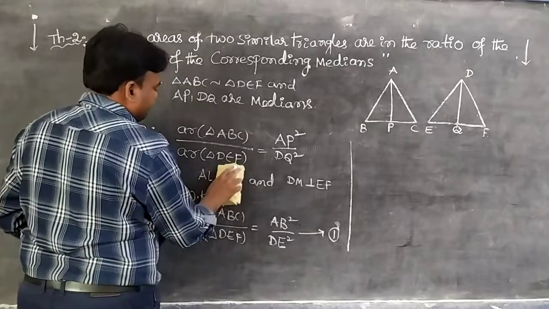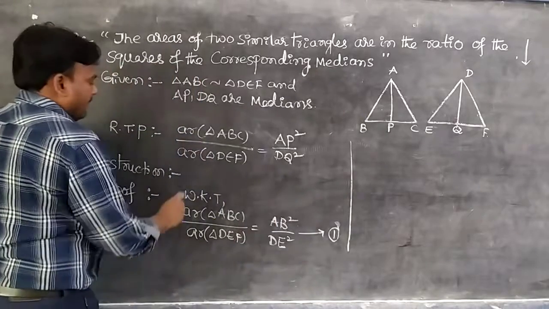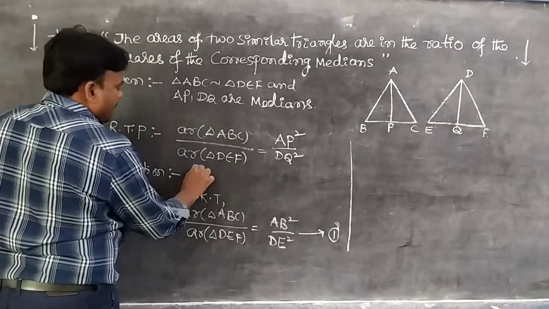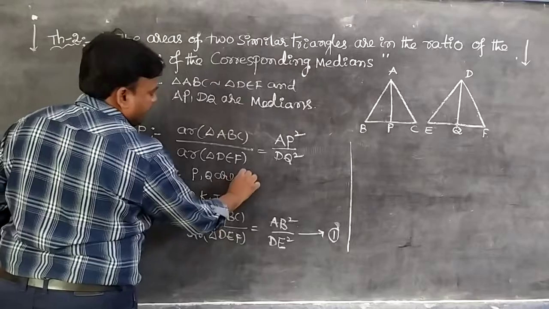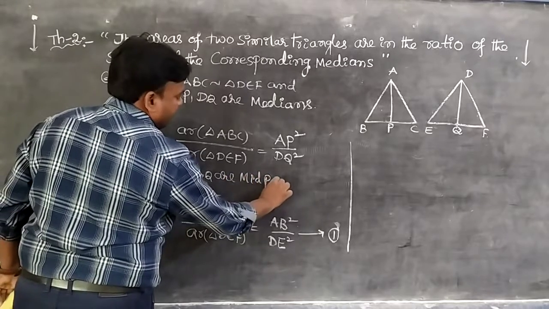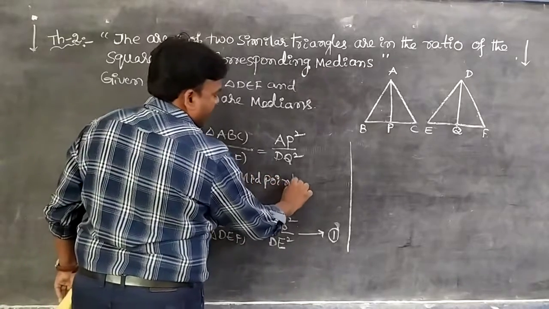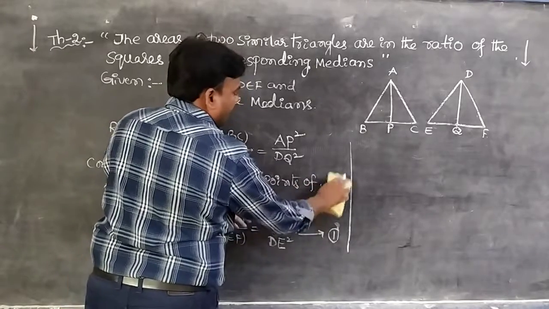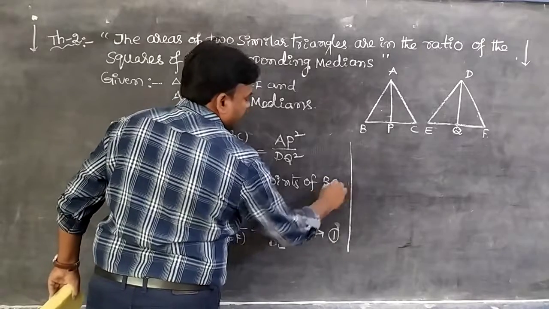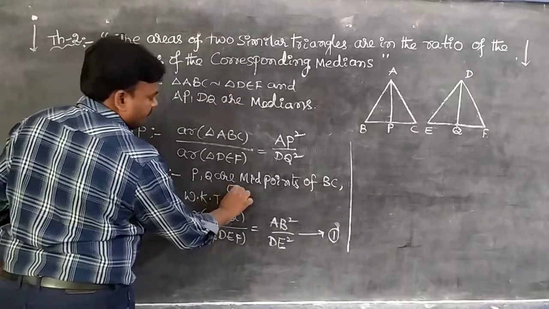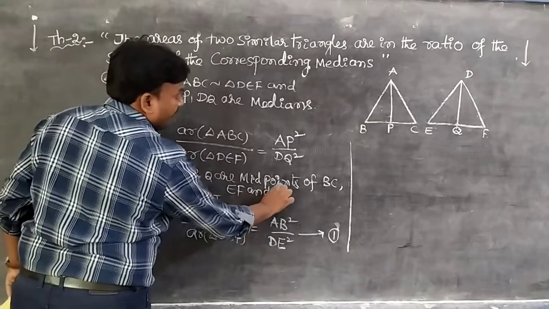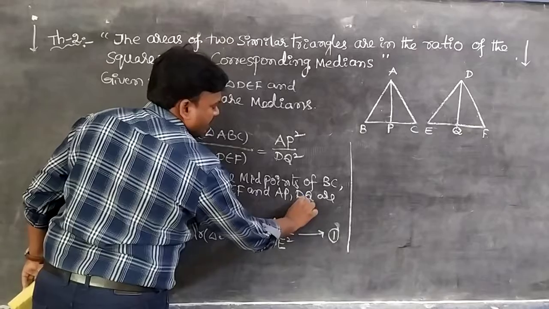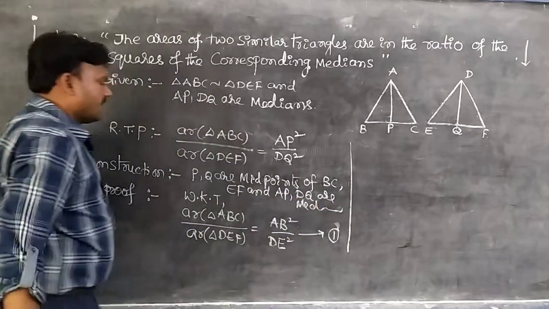Here observe, P and Q are midpoints of BC and EF, and AP, DQ are medians. This is the construction part.